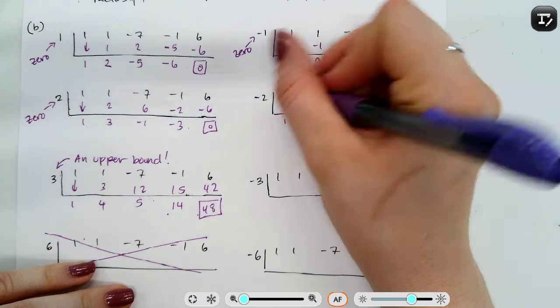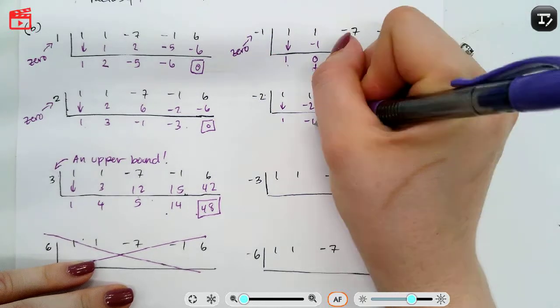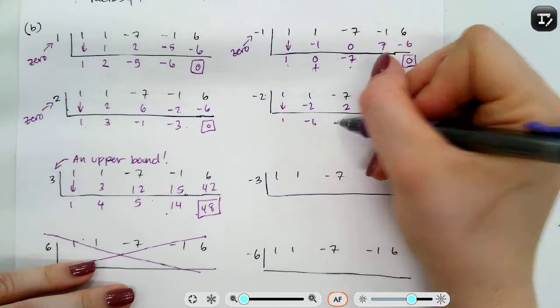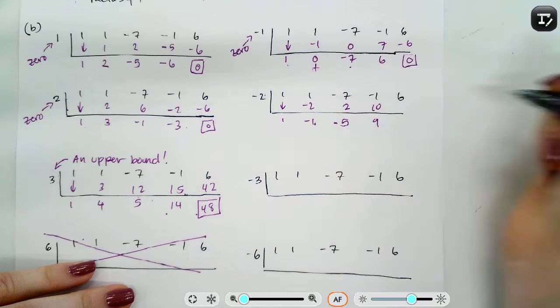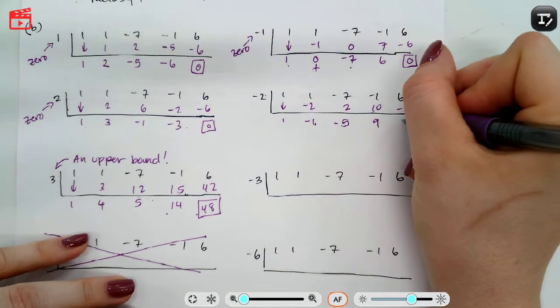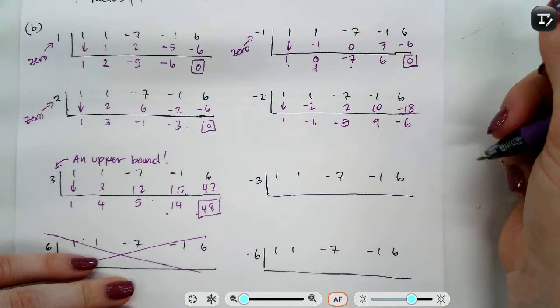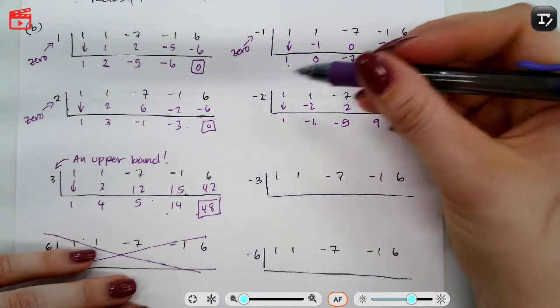Bring down that 1, multiplying, -2, adding, -1, multiplying, 2, adding, 5, -5, sorry, multiplying, 10, adding, 9, multiplying, -18. What's -6? Which, let's see. The signs are not alternating.